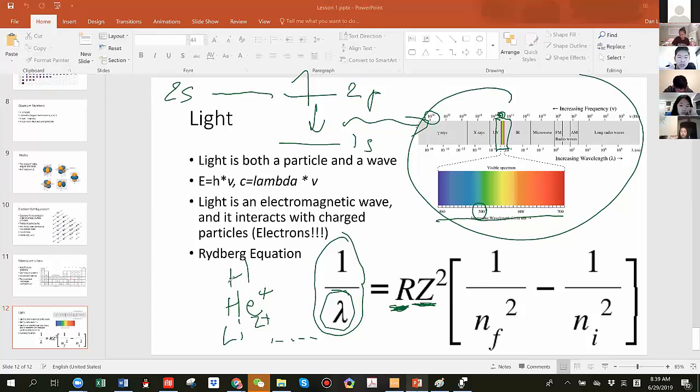For a hydrogen atom, we only have 1 proton, so z is just 1, so we usually just ignore that for hydrogen. And then we multiply this by 1 over nf squared minus 1 over ni squared, where n is the principal quantum number, this number, right? Okay.